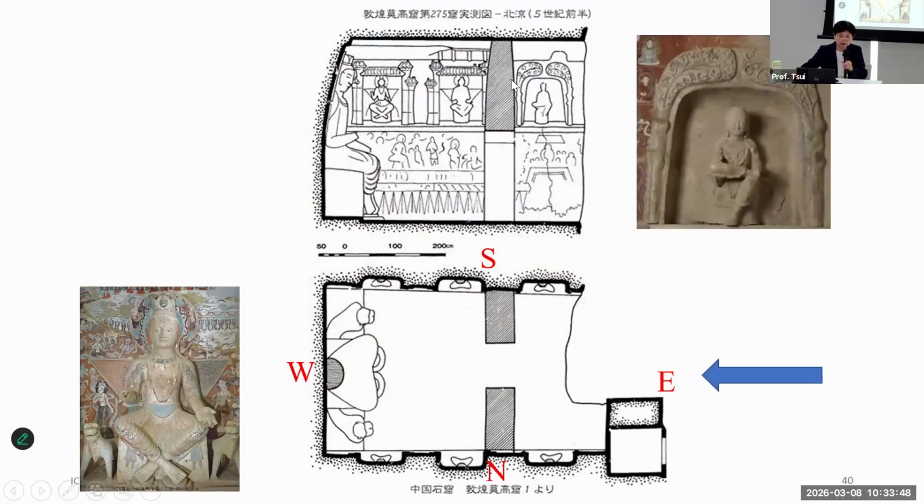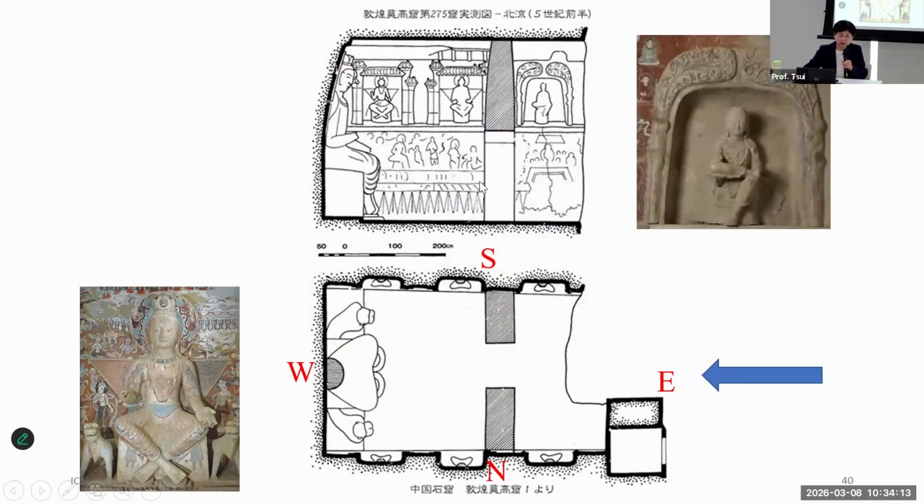So we can see the design with different images of Maitreya. It conveys the process of the Bodhisattva's practice. During one certain process, he practiced contemplation and meditation.